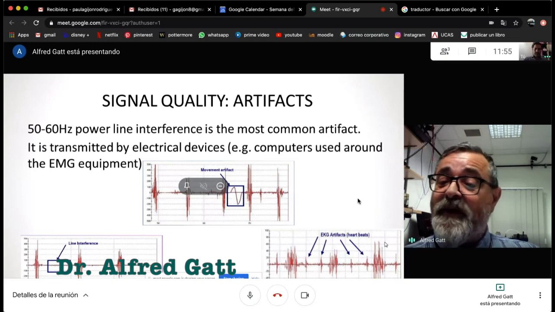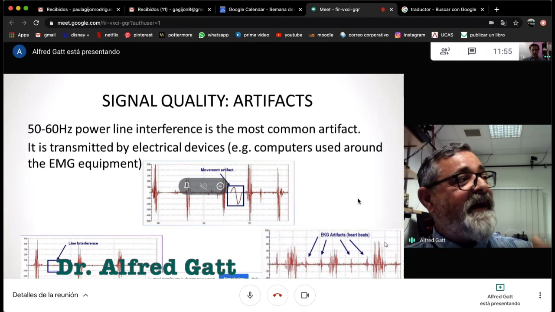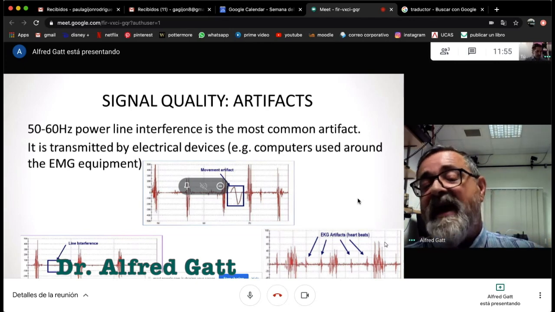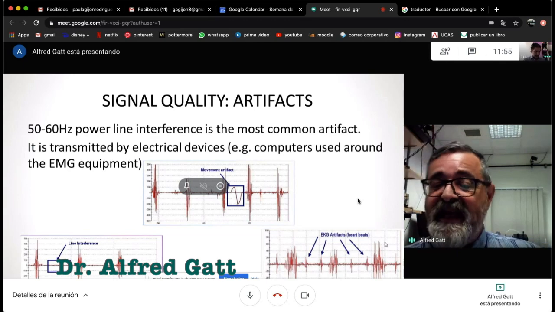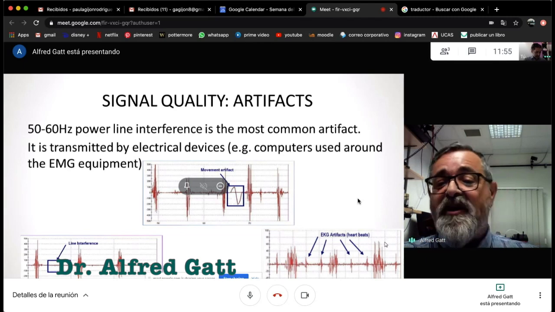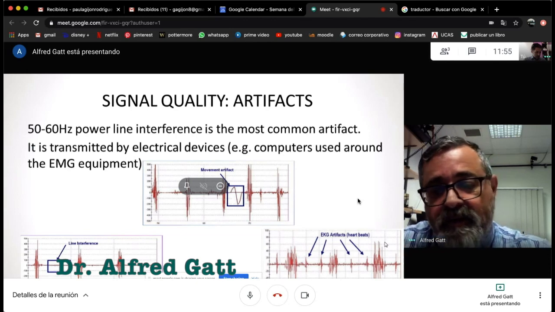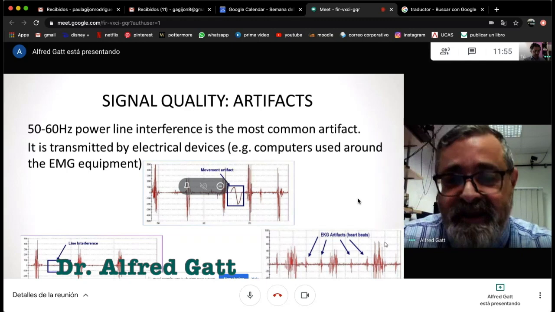We have to remember that our subject is moving as he or she goes through the gait cycle, and if our sensors move, they can cause an artifact which we can erroneously think is an EMG signal.